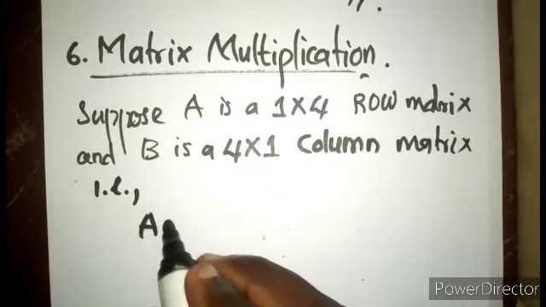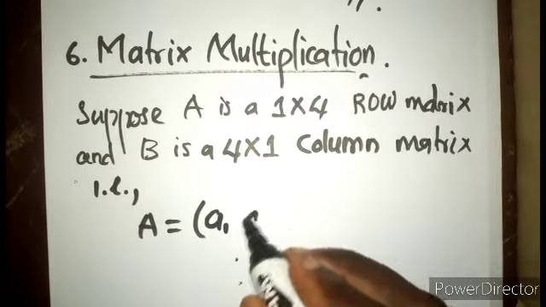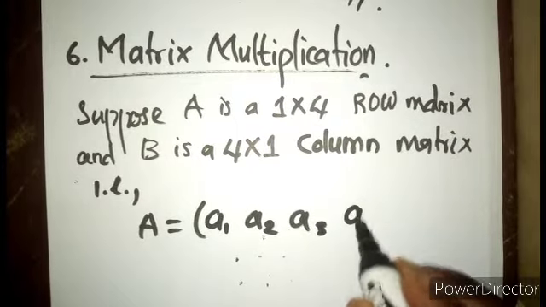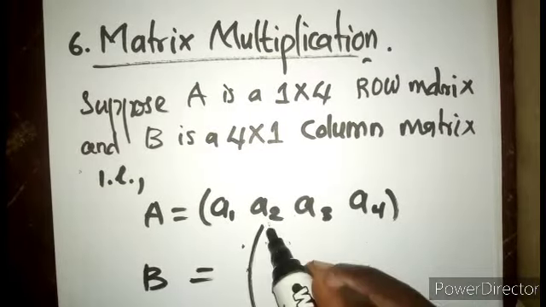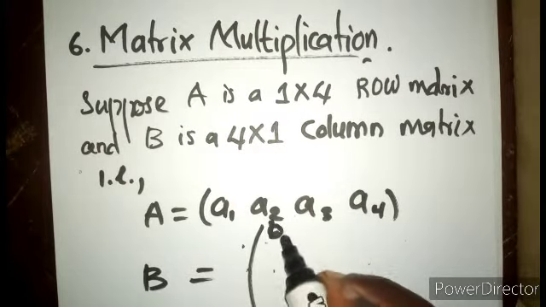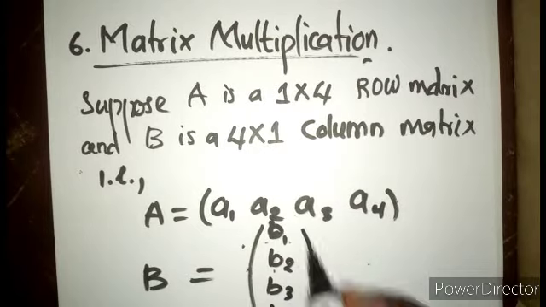That is, A is the matrix A1, A2, A3, A4, and B is the matrix B1, B2, B3, B4.